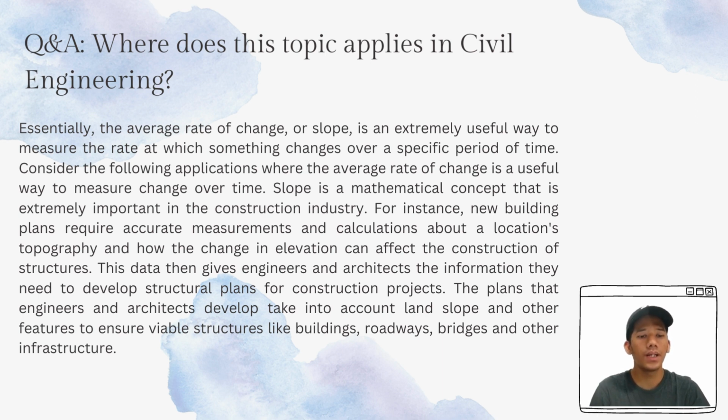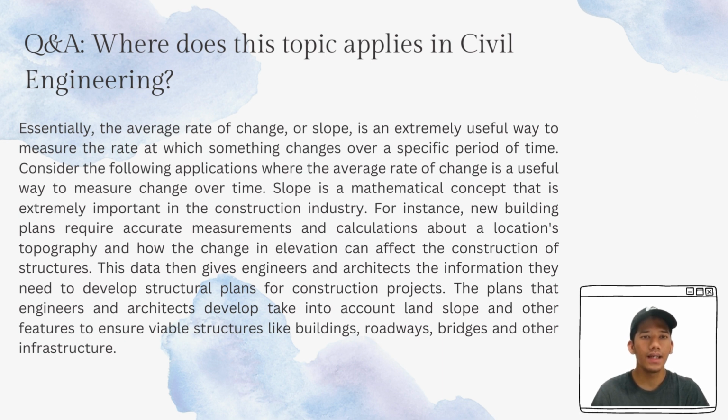Consider the following application where the average rate of change is a useful way to measure change over time. In engineering, slope is a mathematical concept that is extremely important in the construction industry. For instance, new building plans require accurate measurement and calculation about a location, topography, and how the change in elevation can affect the construction of a structure.